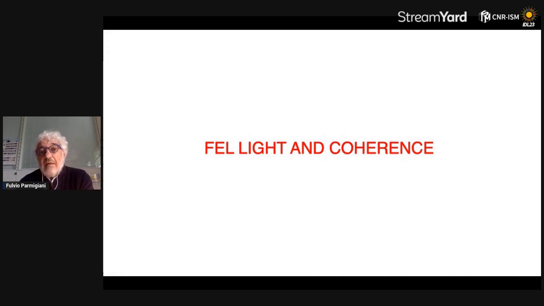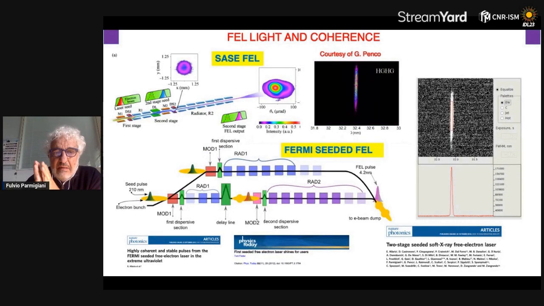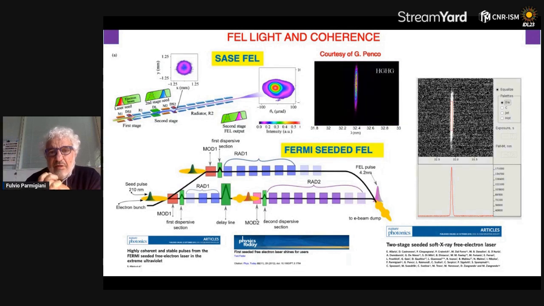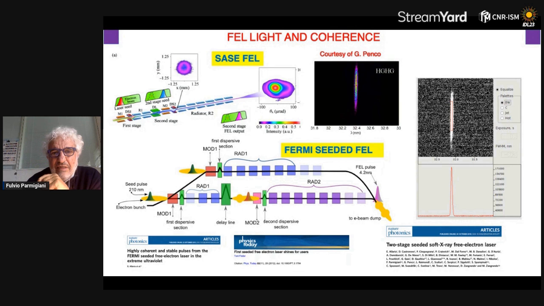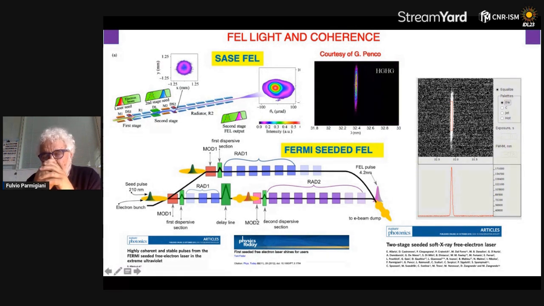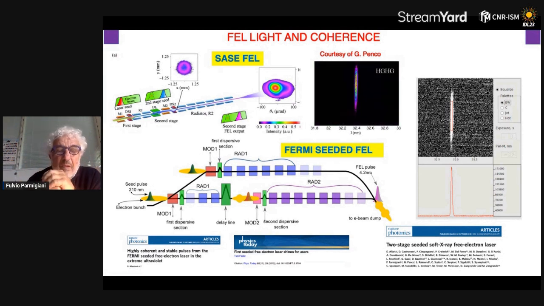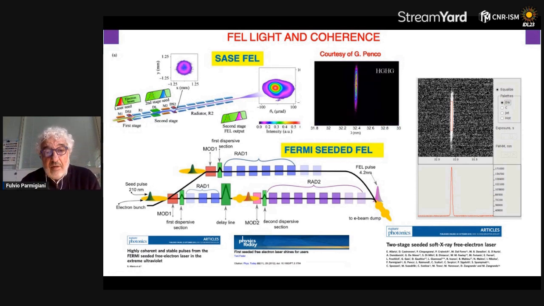But why are we paying so much attention to the coherence of the FEL light? Well, we know, as we said before, that in the SASE mode you will have many spikes, and probably these spikes are incoherent with respect to each other. So the overall bunch of this light is not coherent.